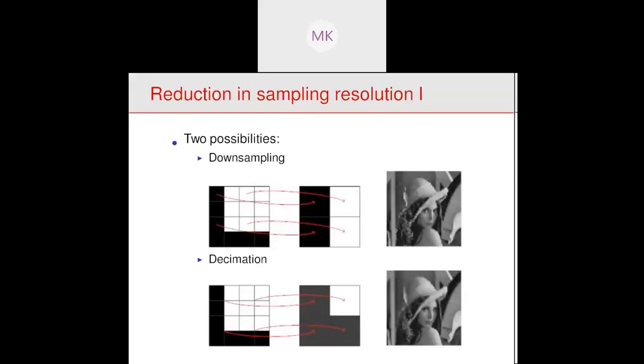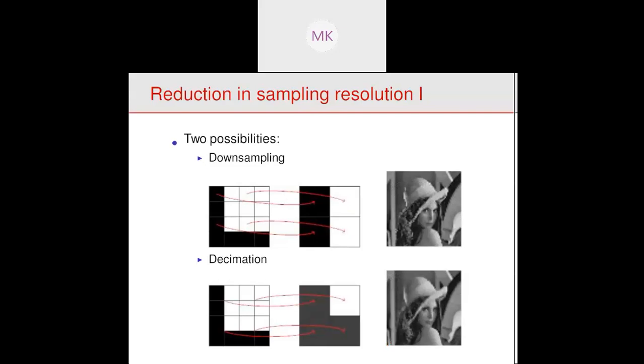Next, reduction in the sampling. Reduction is required for the given image, and this makes use of two techniques. Some of the images need to be reduced, so these make use of downsampling and decimation. We consider two sampling techniques: first is upsampling and second is downsampling.